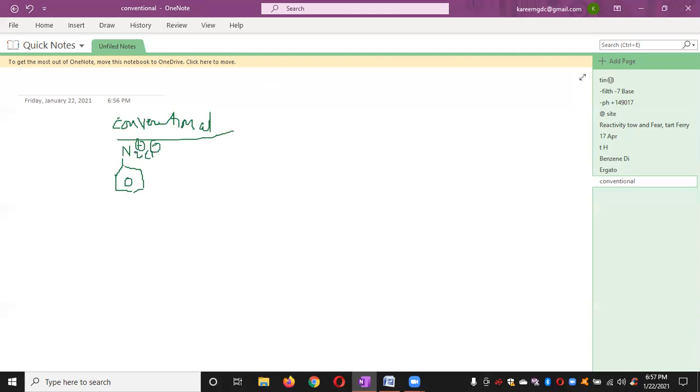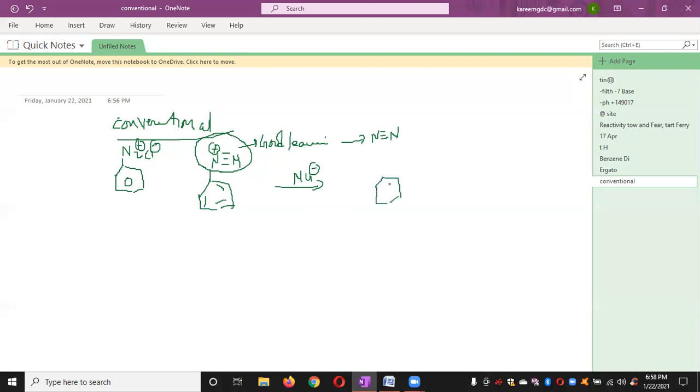So here, if you look at the reactivity of this one, this is the benzene diazonium ion. I am elaborating the structure. So here positive charge and this one. So this group can act as a good leaving group. In the presence of a nucleophile, this group will be eliminated as nitrogen gas N2. Okay, and we may get a highly unstable ion, that is, the phenyl carbocation.